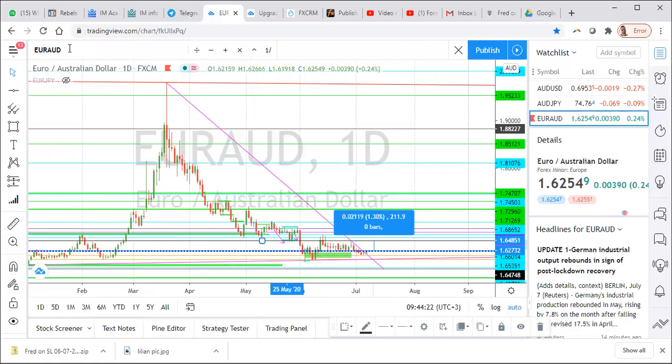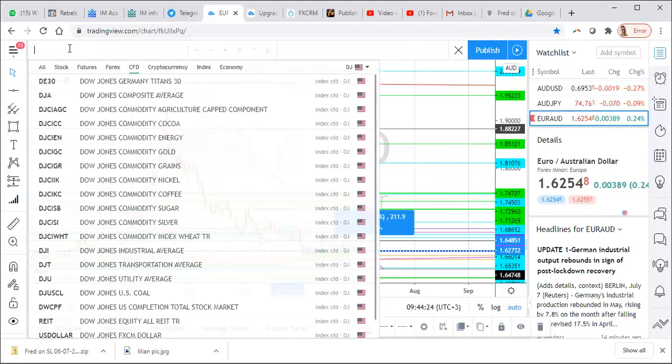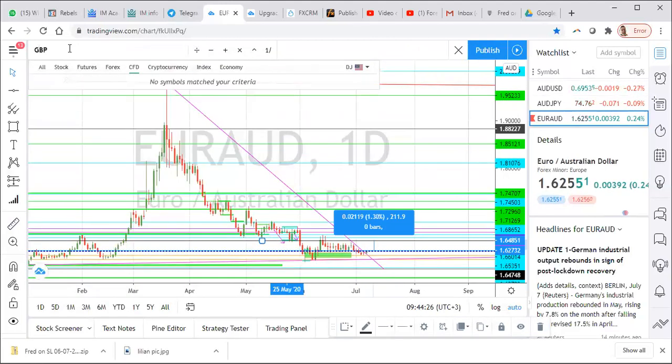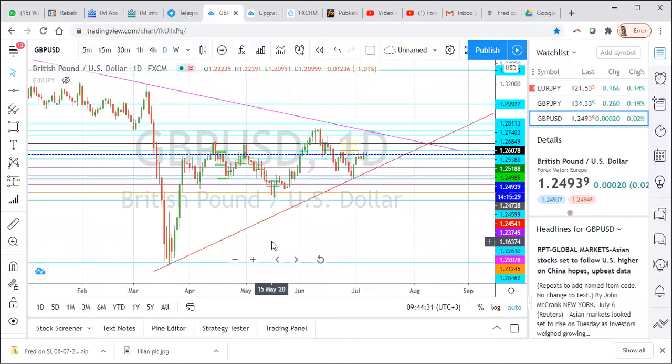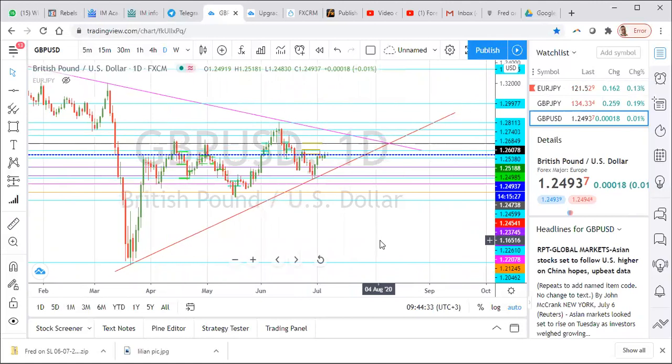Let's look at GBP USD. You guys know I also like GBP USD. It's been ranging, this pair. I'm still a bit bullish on it though. Although it did reject off this, this is a really good zone here.